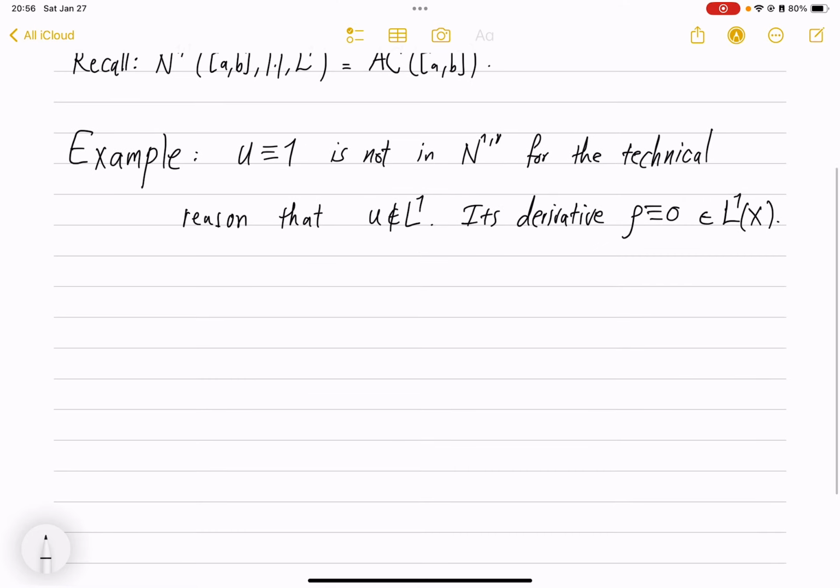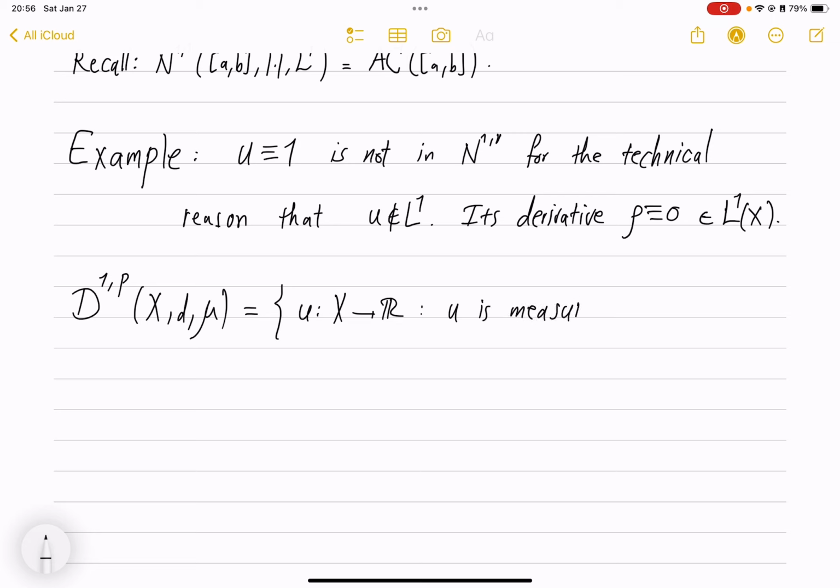Such examples actually have motivated a quite important class of functions called the Dirichlet class. So the Dirichlet class of functions, say on a metric measure space, will be those functions, real valued in our case, such that u is measurable.